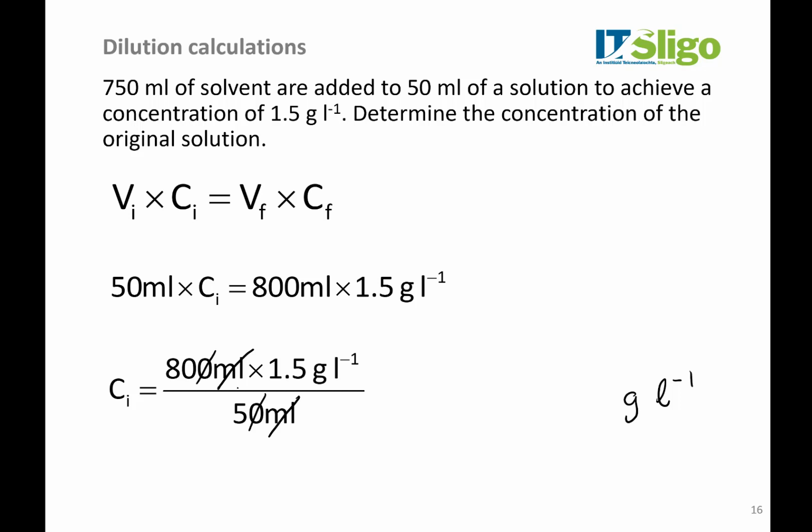Divide top and bottom by 10. 5 will go into 80 16 times. Again, you can work that out. And then 16 by 1.5, well, that's 1.5 times 16, which is 24. So that's my answer then, 24 grams per liter. And that's the initial concentration, before we diluted it, pretty much 16-fold.